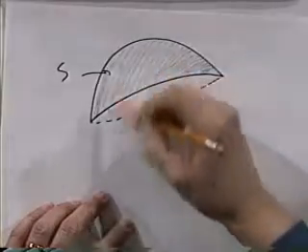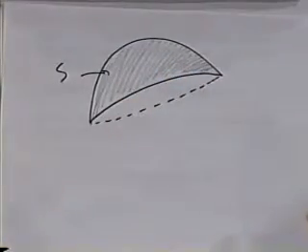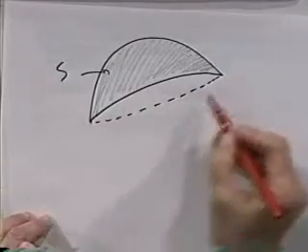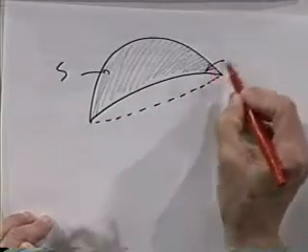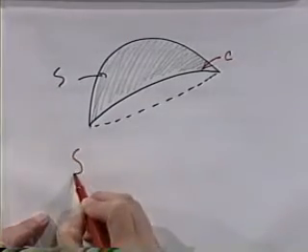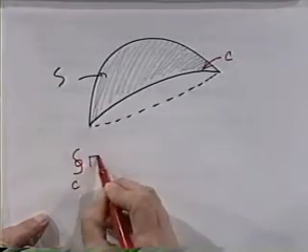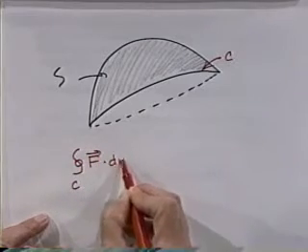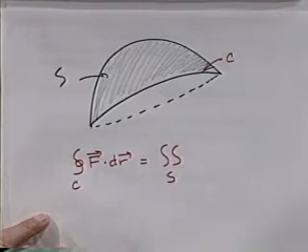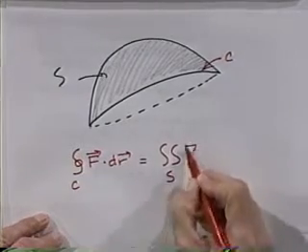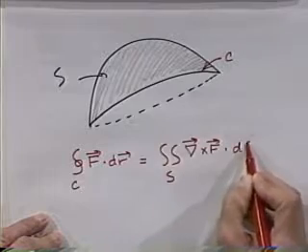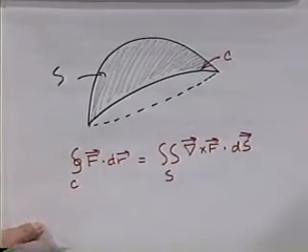There's your surface, and then I have this curve C, that's the edge of the surface. What Stokes' theorem says is if I integrate along the curve of F dot dr, that is equal to the integral over the surface of del cross F dot dS.